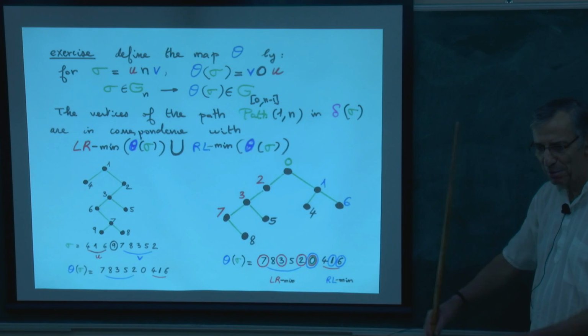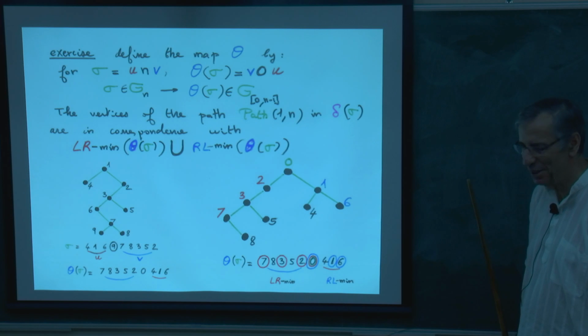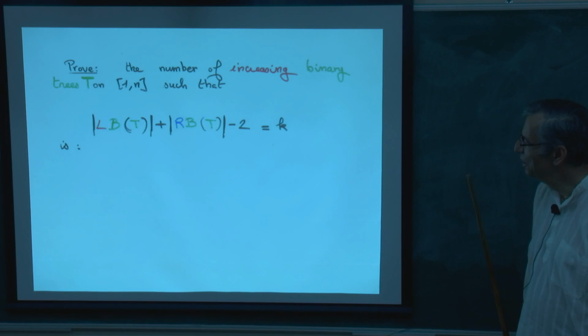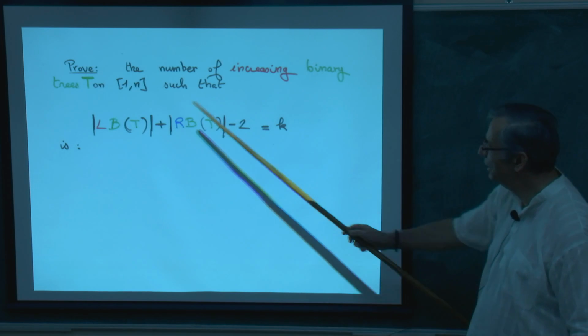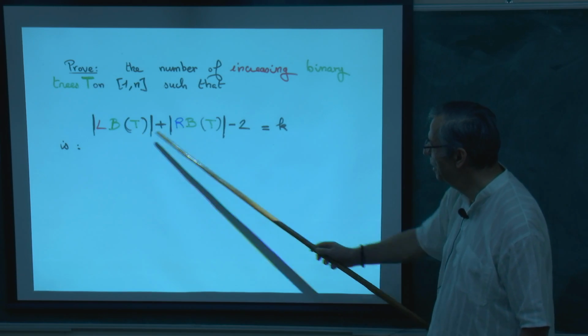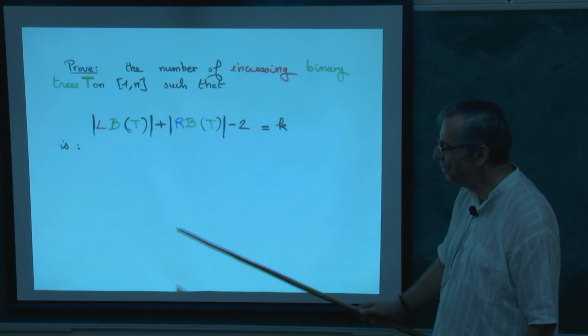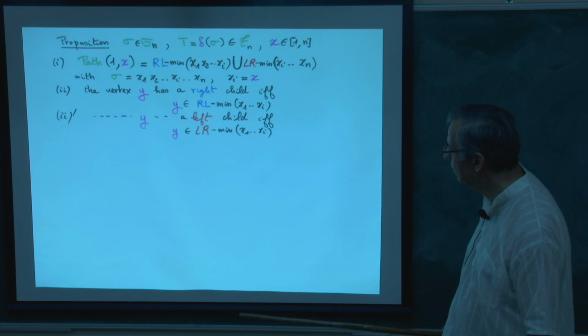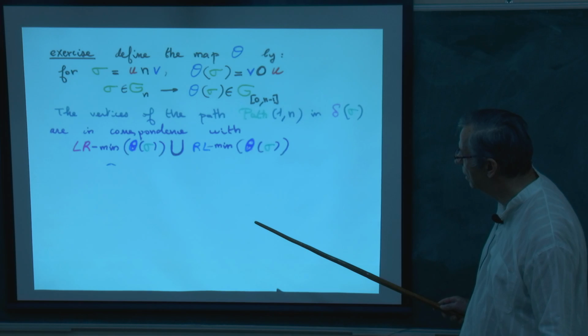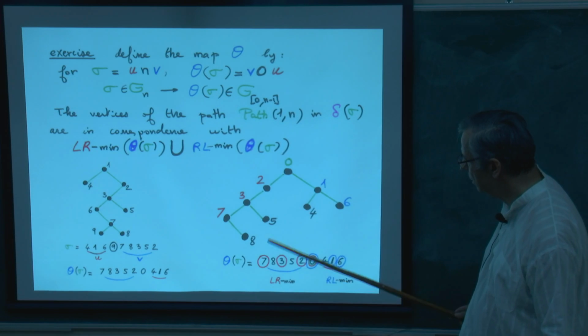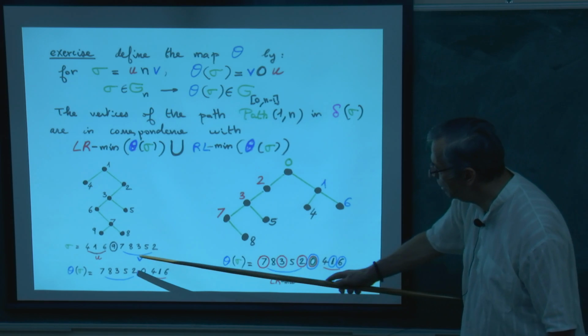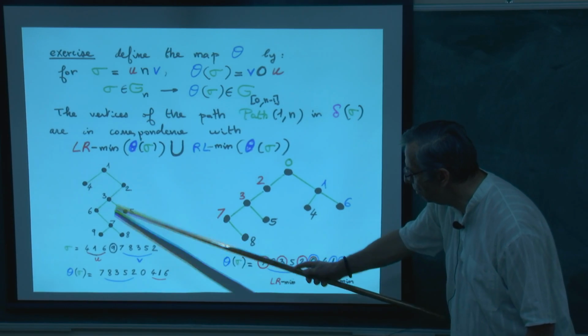So think about that in the exercise. I go a little fast because it's an exercise, not a part of the class. And then prove that the number of increasing binary trees on n such that, so you have to take the union of the left branch and right branch, because you see what we have done here, combining the two propositions, is that my parameter is the height, the path going from 1 to 9.